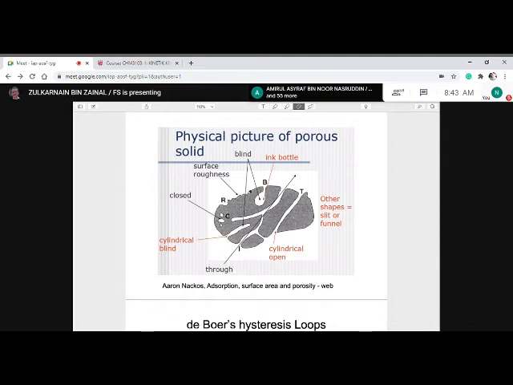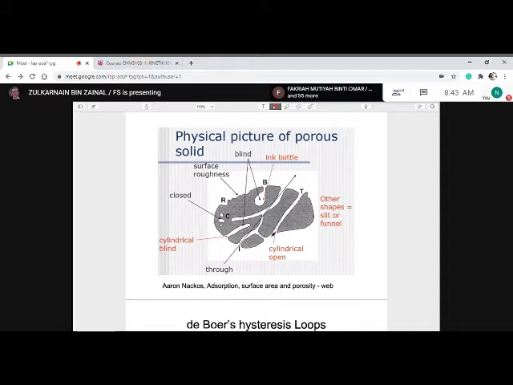You can see here, where the pore is blocked there, right? So it is a cylindrical blind pore. You can have cylindrical pores, where it is cylinder type and open from one end to the other end of the material.